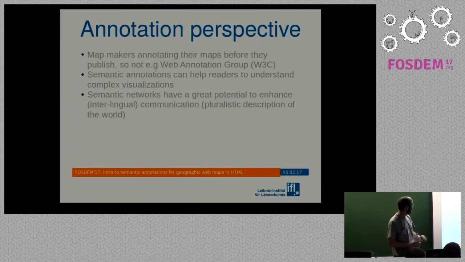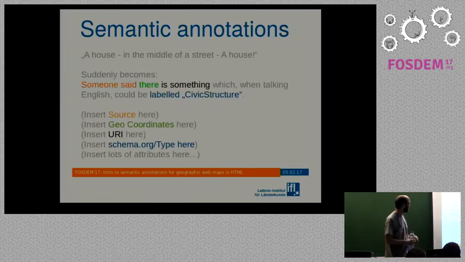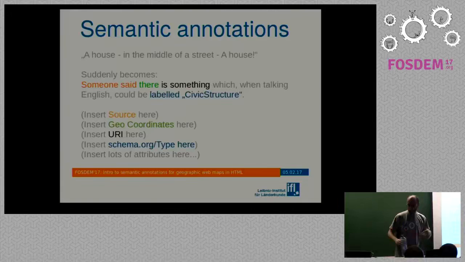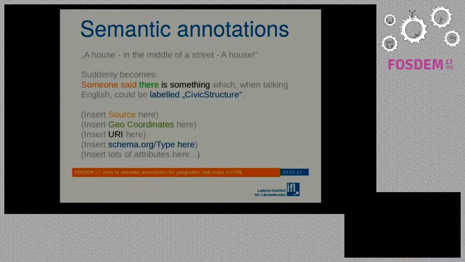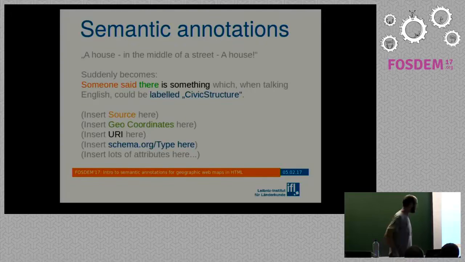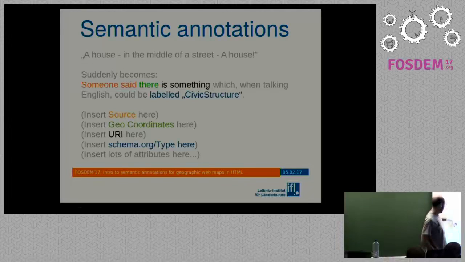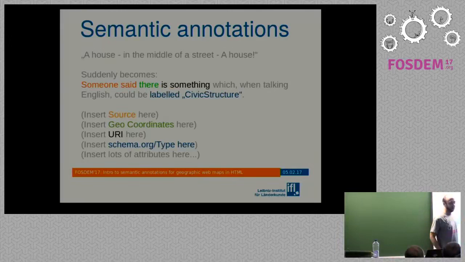Turning any information into a statement, like if somebody says that there's a house, gets a bit complicated. Someone said there is a house, or something which we could call a structure, and we have the who and the where, the coordinates, maybe an individual entity representing this house.